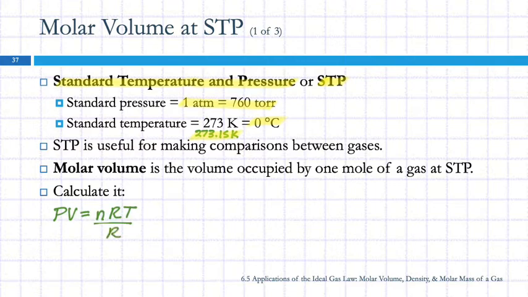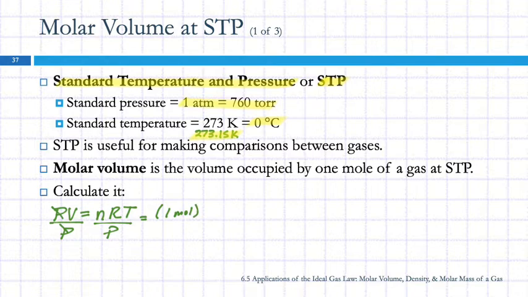This time we're solving for V. So the volume is equal to nRT over P. And what's n? 1 mole. We're calculating its volume, so that's going to be exactly 1 mole.